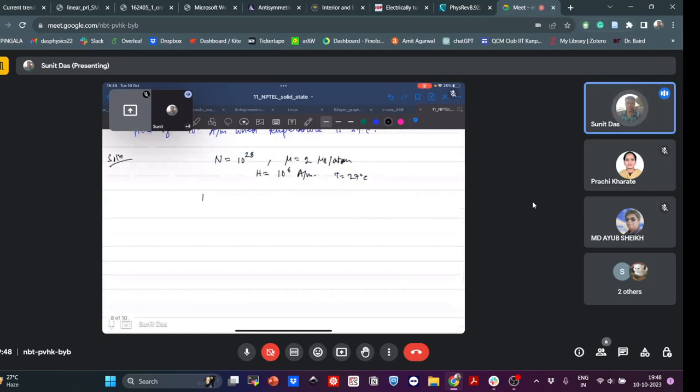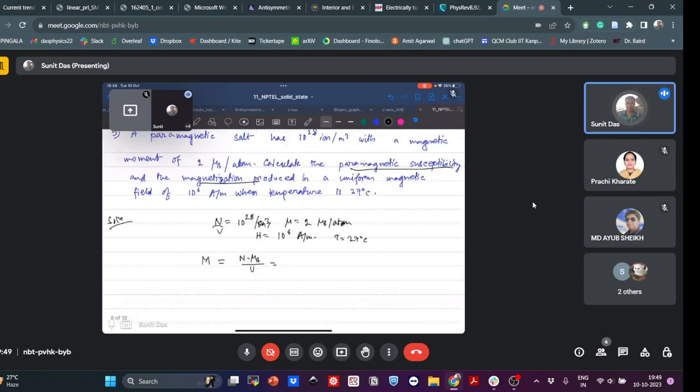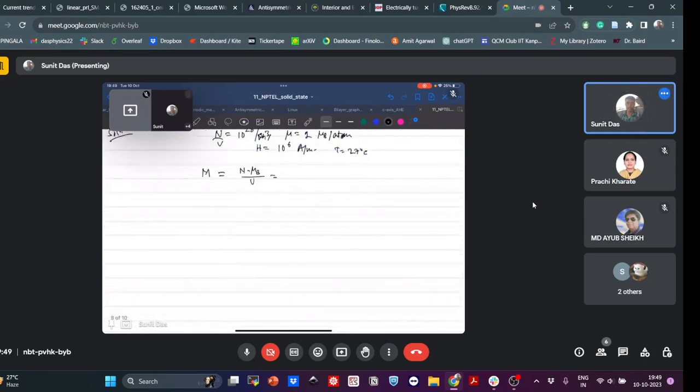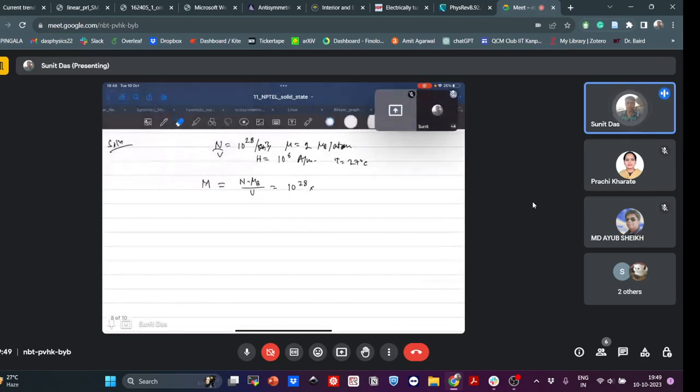So let's first find out the magnetization. Magnetization is again total magnetic moment per unit volume, right? So this is N by V, because this is per meter cube, 10 to the power 28 ions per meter cube. And each, this is not mu b, rather this is mu, the magnetic moment per atom.